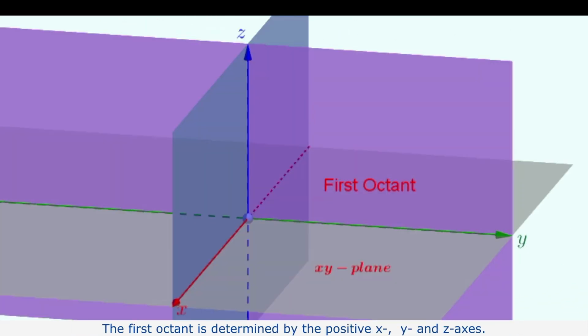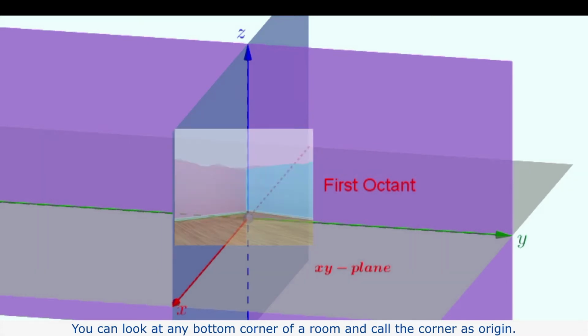The first octant is determined by the positive x, y and z axes. You can look at any bottom corner of a room and call the corner the origin.